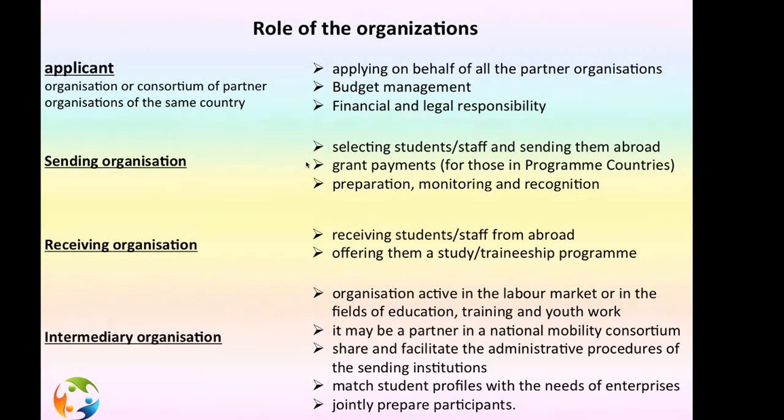So it's the one that is also legally responsible towards the national agency or the executive agency for any of the actions. In general, the same organization is the one that sends the staff or the students, and the receiving organization is the one that receives.